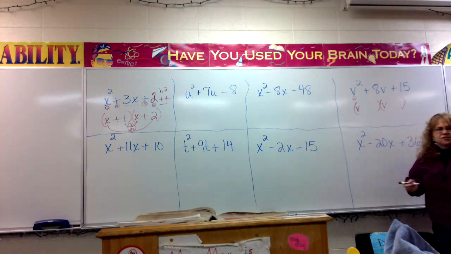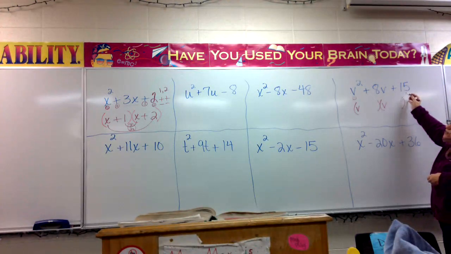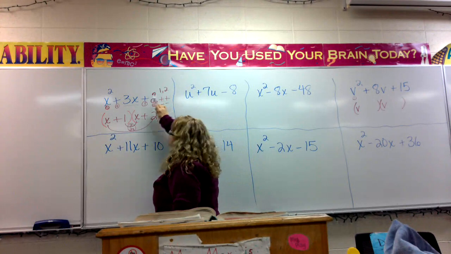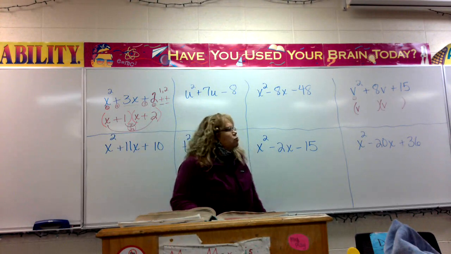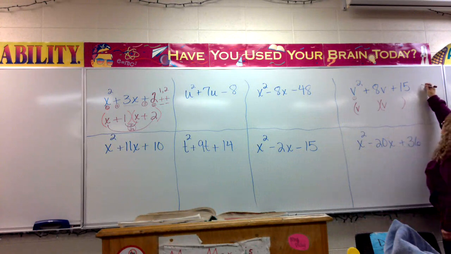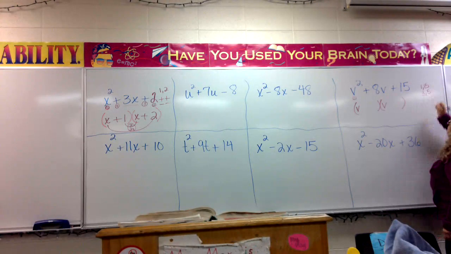It's only one possibility, right? Now down at the other end, this one is a little bit different. To get a 2 here, we only had one possibility. Has to be 1 times 2. But for 15, it could be 1 and 15, and it could be 3 and 5.